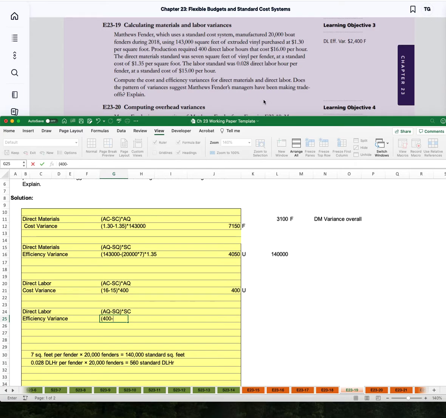They took the 0.028 direct labor hours times the 20,000 fenders to get the standard quantity. So I'm going to just type that out in a set of parentheses here: 0.028 direct labor hours per fender times 20,000 fenders gives us a standard, and then times the standard cost of 15 per direct labor hour.